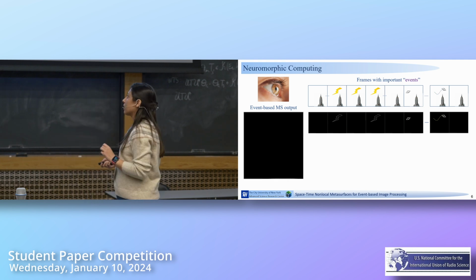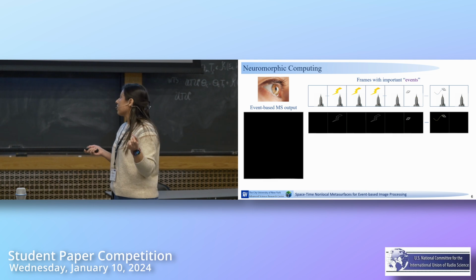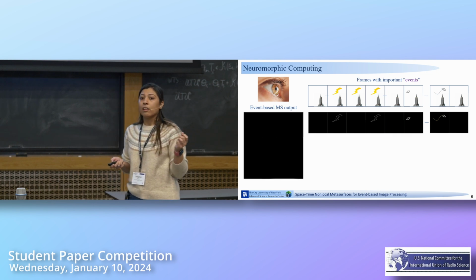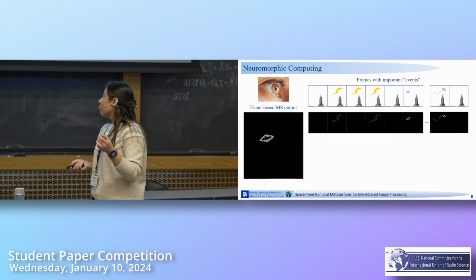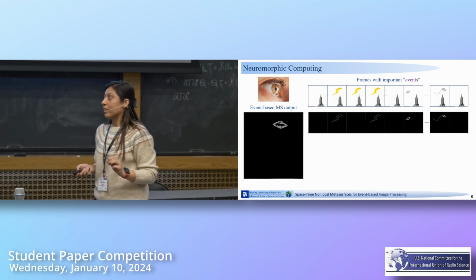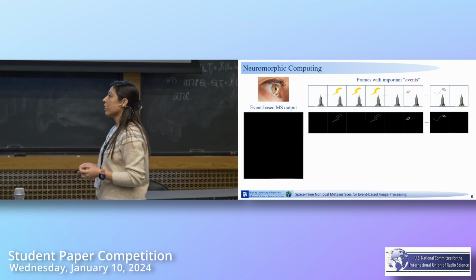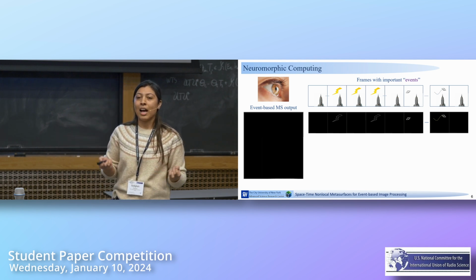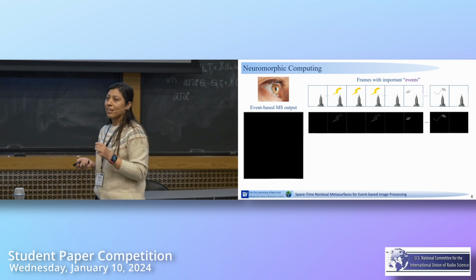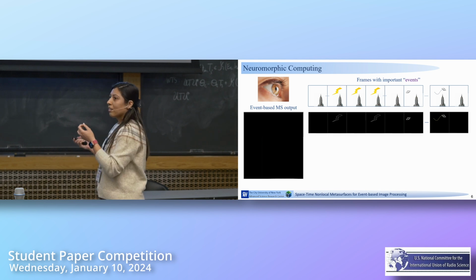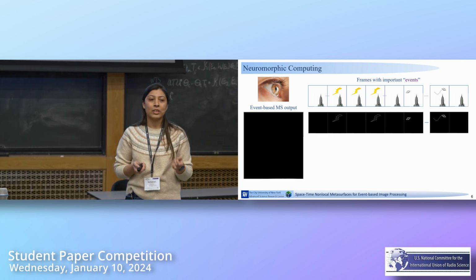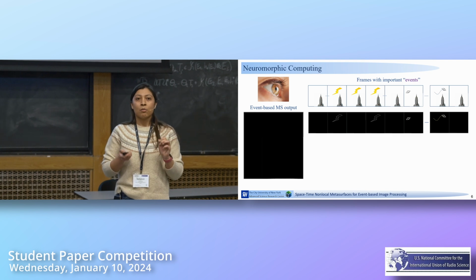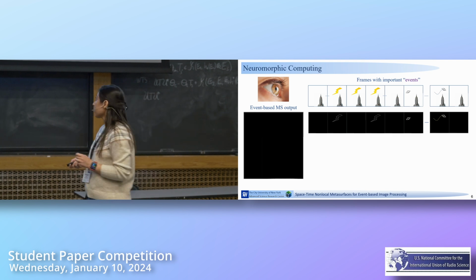In the movie that we saw, the Empire State Building is always there, and we don't care about it. What we care about are the events: when the lightning bolt starts, when it ends, when the weird flying object appears, how it moves, and when it disappears. And we want our metasurface to see things that we want to see and remember.